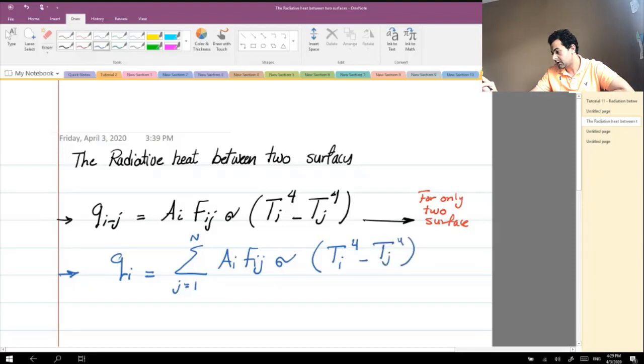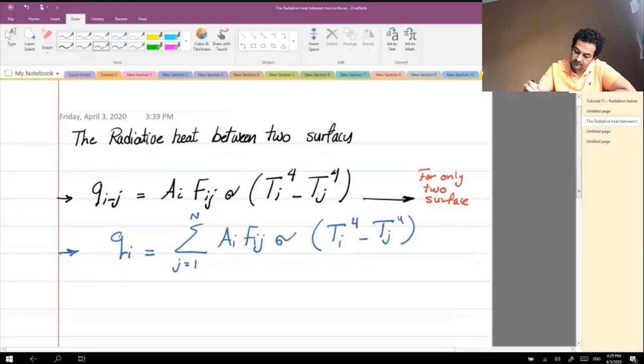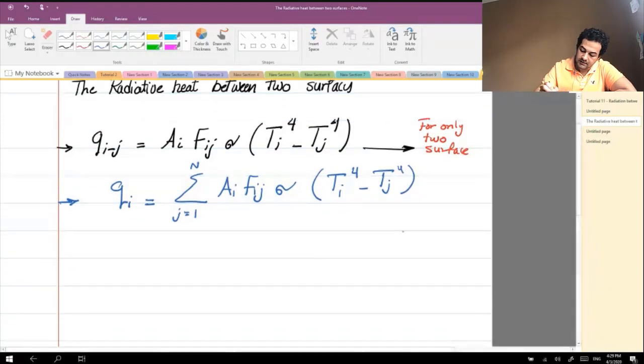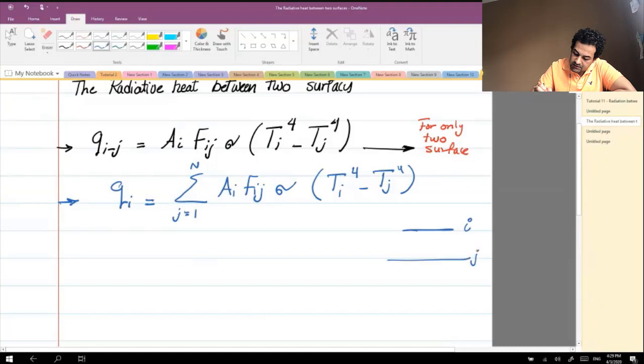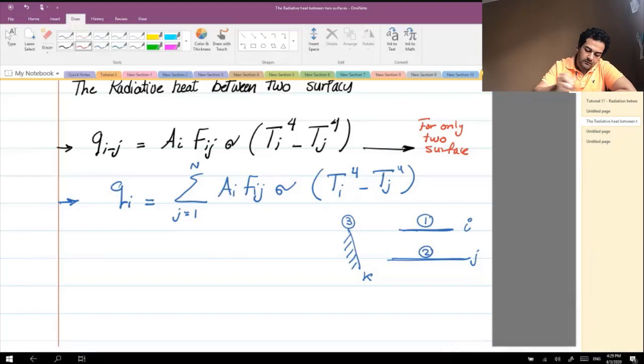So if we have more than two surfaces, I'm going to write an example here. If we have a surface i, j, and another surface k. So i is the emitter, 1, 2, and that's number 3. So we want to know Q emitted by surface 1.